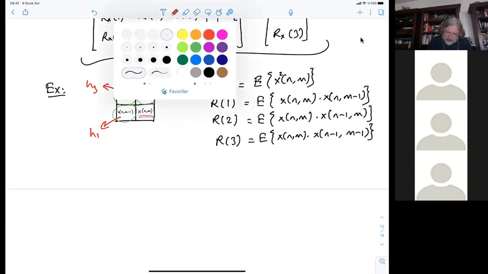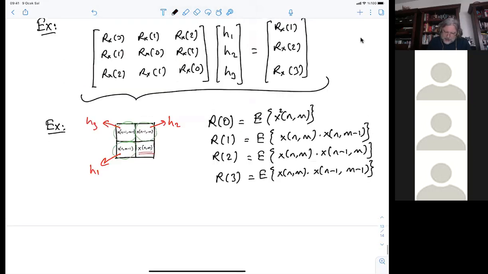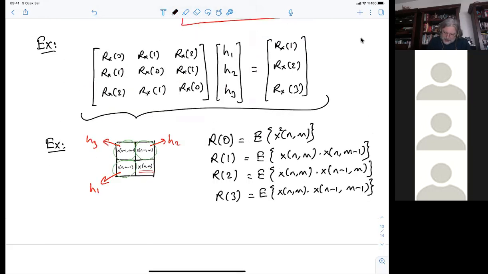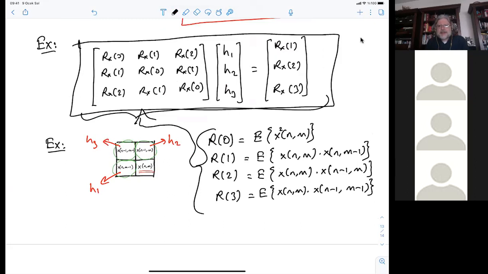Okay. And then what you do is essentially from here, you construct this set of equations. It's already at the top. Let me not repeat it again. You have Rx0, you have Rx1, you have Rx2, you have Rx3.